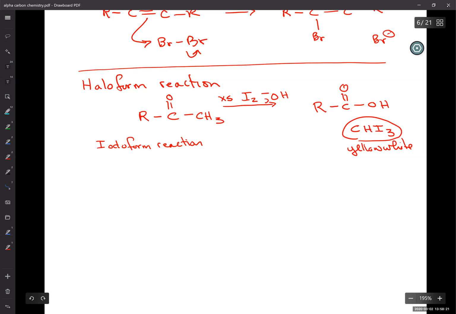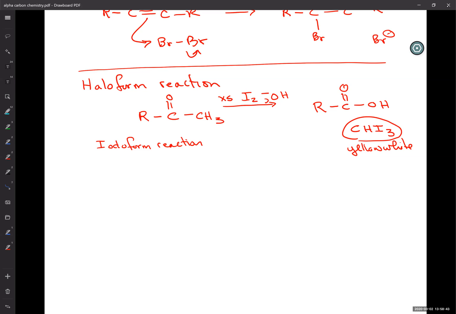And back in the good old days, when we wanted to determine structures, the iodoform test was a common one to do. It's done in acetone, and it turns out not acetone. What's it called? Is it CH3I? Yeah, CHI3. Okay. So where do the other hydrogens go?